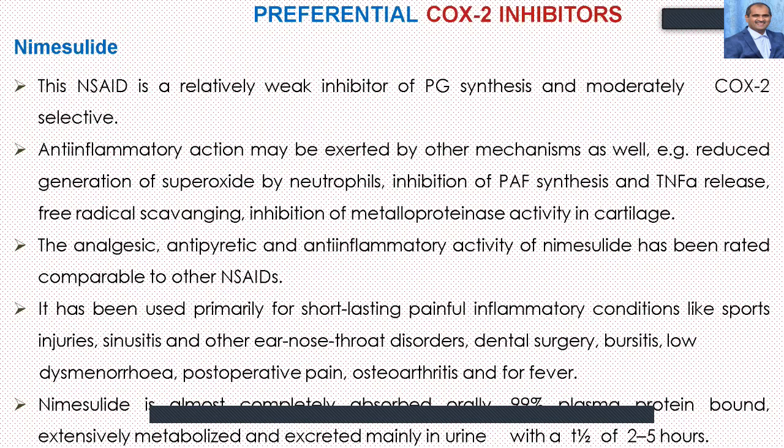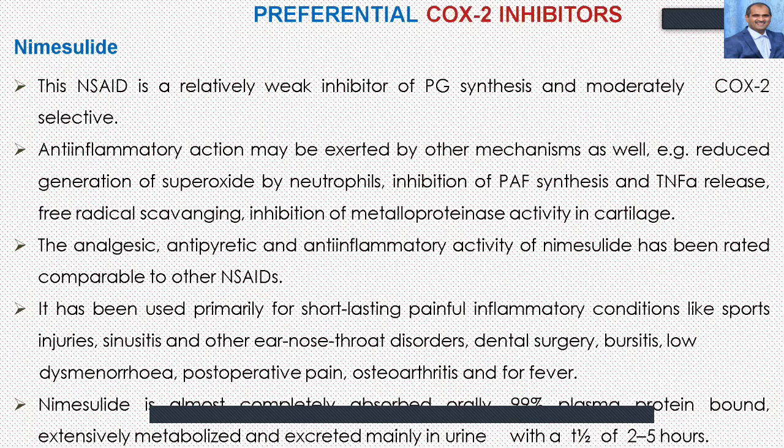The preferential COX-2 inhibitors are another class of NSAIDs. These are relatively weak inhibitors of PG synthesis, and they are moderately COX-2 selective agents.